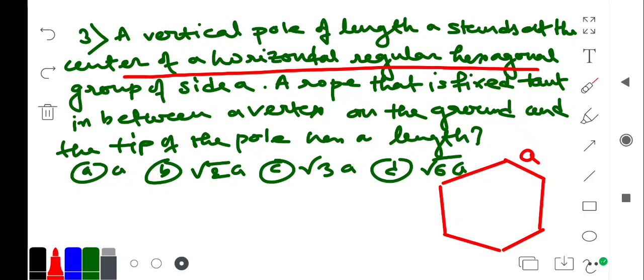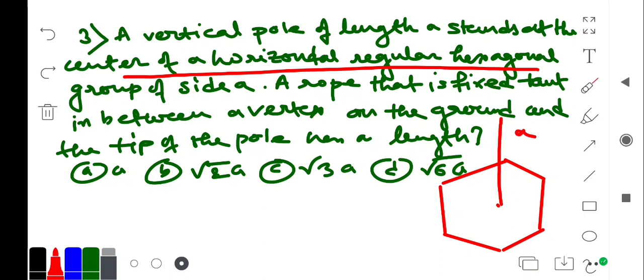So there is given a vertical pole of length A. Vertical pole length means vertical length, not horizontal. Vertical length means from center there should be A.